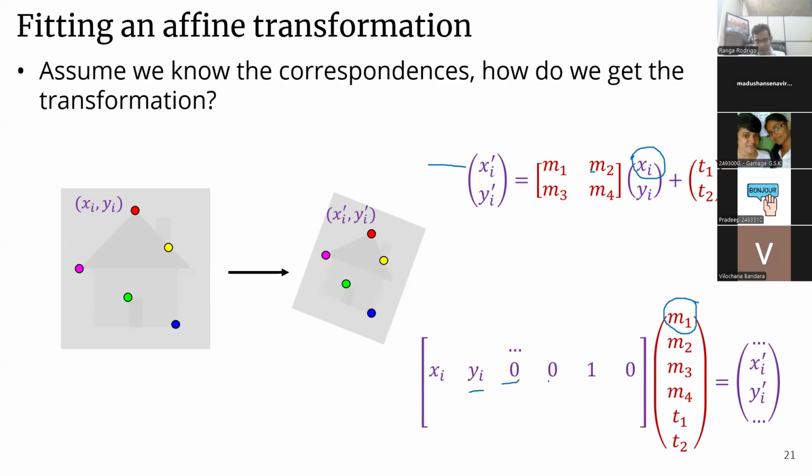M4 does not get multiplied, 0. T1 is just there, so the multiplier is 1. T2 is not there in the first equation. Because using this, you can write two equations: one equation for xi prime, and the other equation for yi prime. That's why this set of numbers are there. Then the second one is this one. So I hope it is clear to you how to get these numbers. Very simple, just rearranging the terms in the equation.